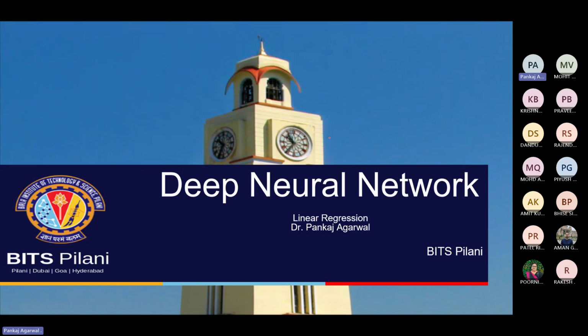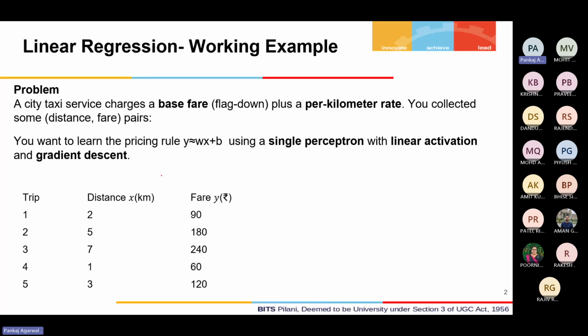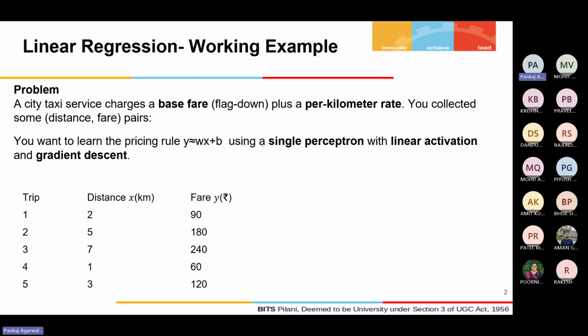So if you remember, we started with regression, linear regression, right? Using a neural network approach. And if you remember, we started with an example so that everyone can get the entire thought process.